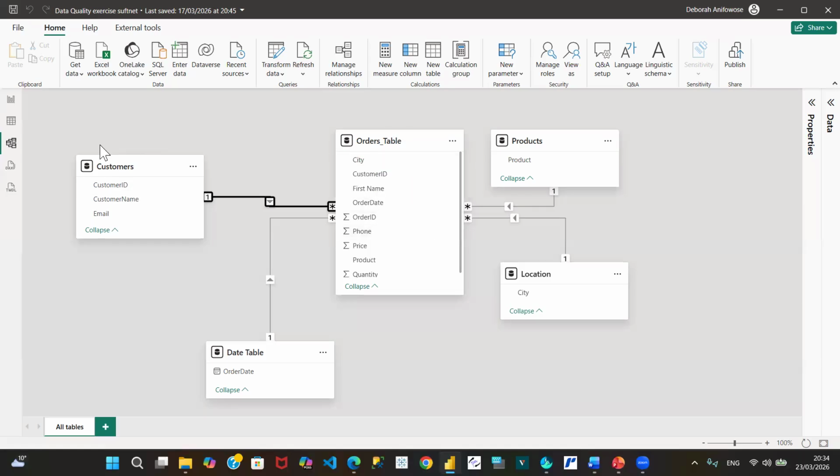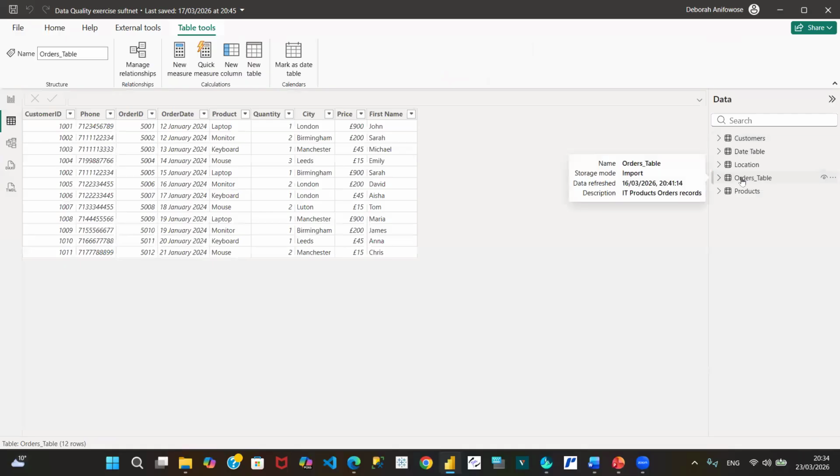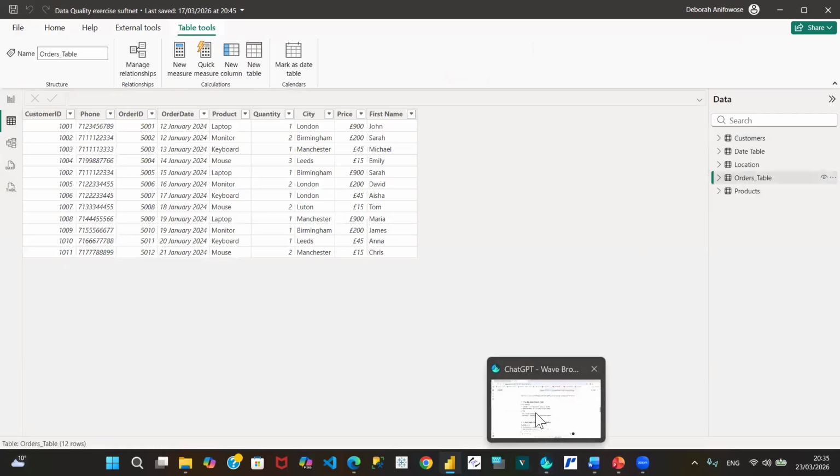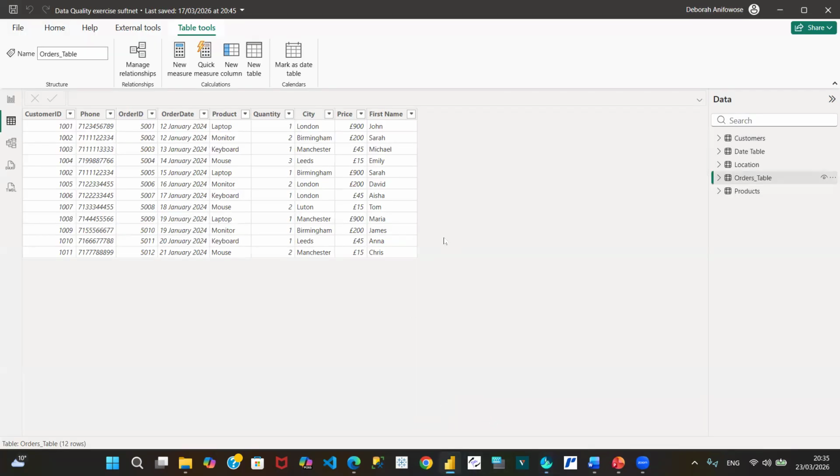But why is it a fact table? If we look at the orders table here, and we look at what ChatGPT is saying, fact table equals what happened, the measurable events. Now from our Power BI table, what is measurable here?